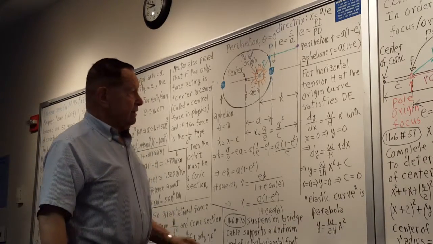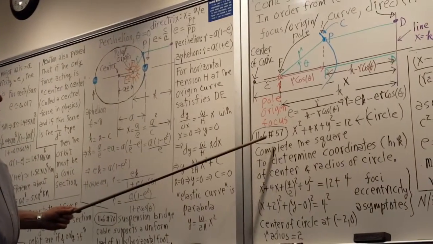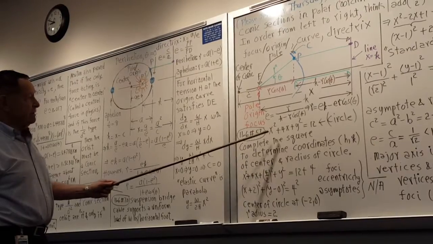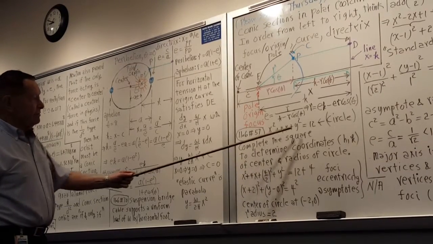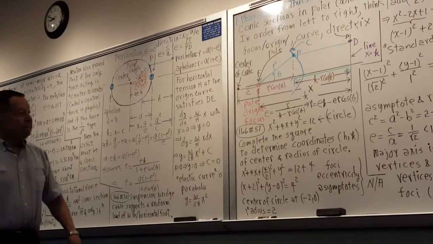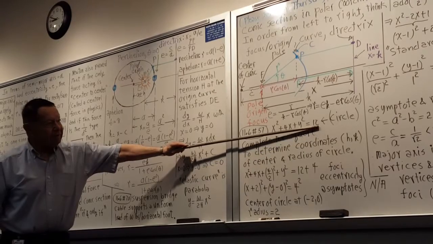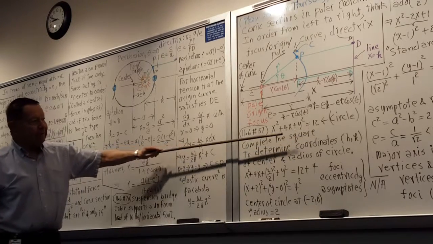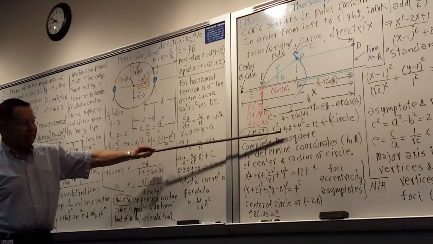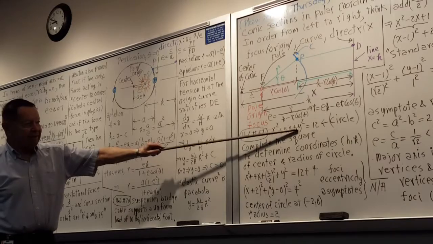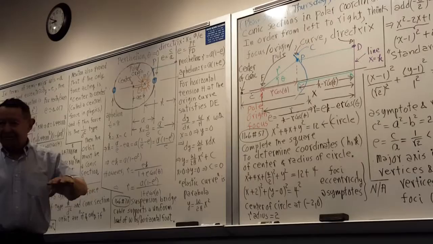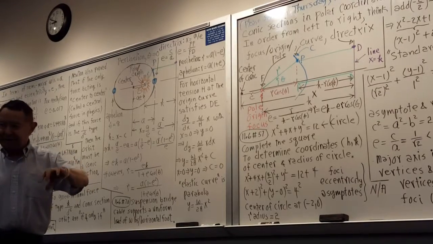So look at problem 57 in 11.6. So we have this conic section, and this is what you would call the general form, where you have possibly x squared and something times x and y squared and something times y, and also possibly a term with a number times xy.